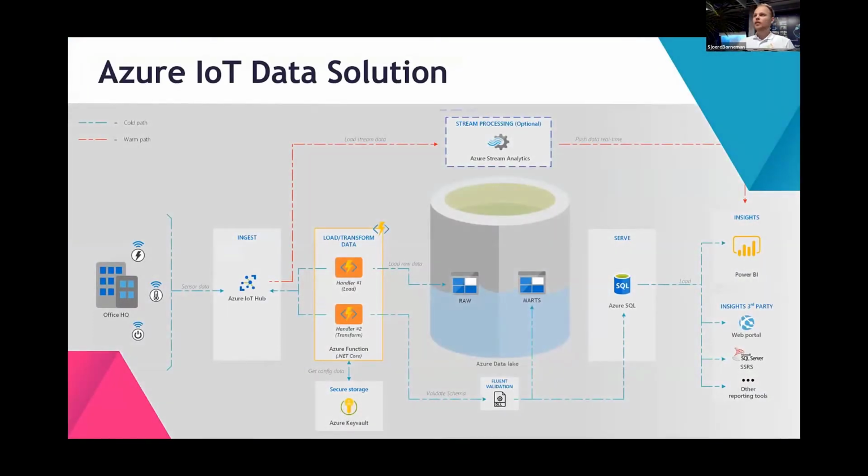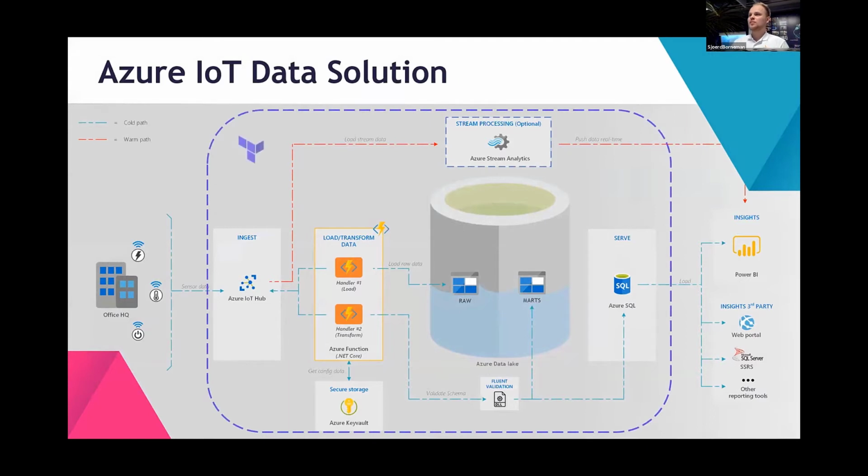All right. I'm going to give a small explanation about the solution that I'm showing on the screen. We are going to deploy this entire Azure IoT data solution in Terraform and in ARM templates. So what are we looking at right now? First, we want to deploy an IoT Hub because we want to extract the IoT data that's been generated from our sensors.